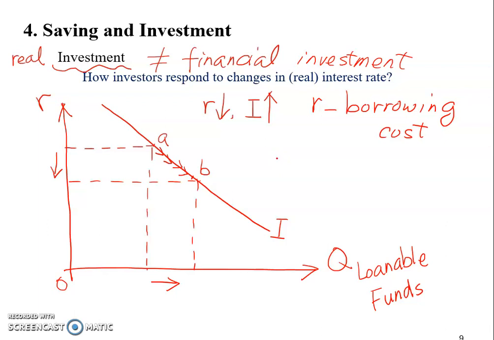If that happens, are we still going to have a downward sloping investment curve? Put it differently, if a business has its own cash, do you still believe the change in real interest rate would change their investment behaviors? Pause the video and try to think about this.